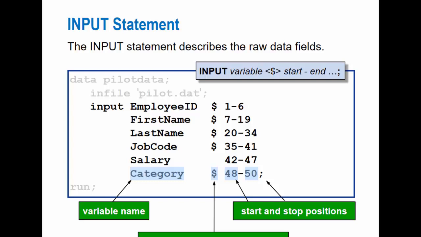And then you specify the start and end. So employee ID, for example, you've already done this part by examining the data set, so now you just code it. Each field name, if it is a character field, put a dollar and then start column, end column, on and on and on, and then a semicolon ends the statement.